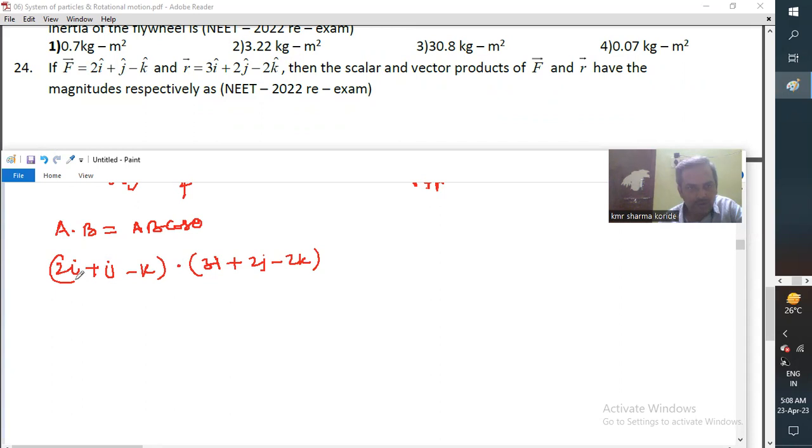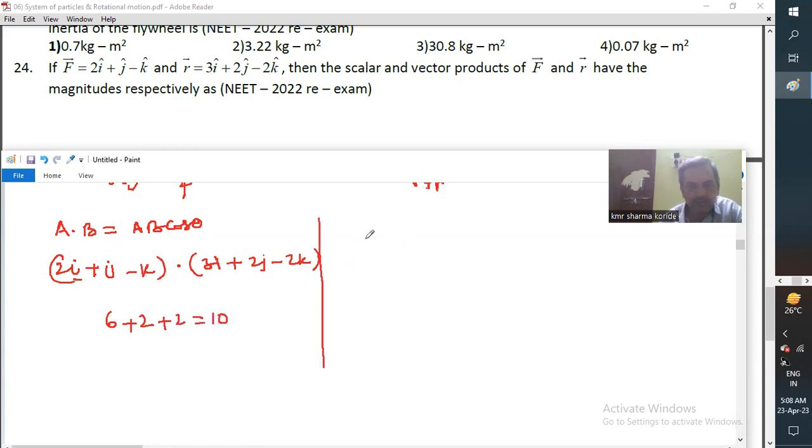For the dot product we only need to consider i dot i, since the dot product of unit vectors is 1, so you don't need i dot j or j dot k. So this is going to be 6, plus 2, and minus of minus becomes plus, so k dot k is again 2. This is the result of the dot product.